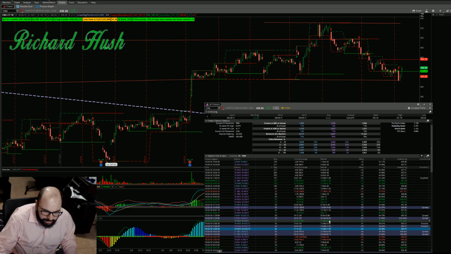Let's see what else we have here. We have 455 puts, mid. We have calls, 440 calls. November, 440 calls, $15, 37 of them. Okay. And now we have, this is a spread here. The 432 calls and the 455 puts.